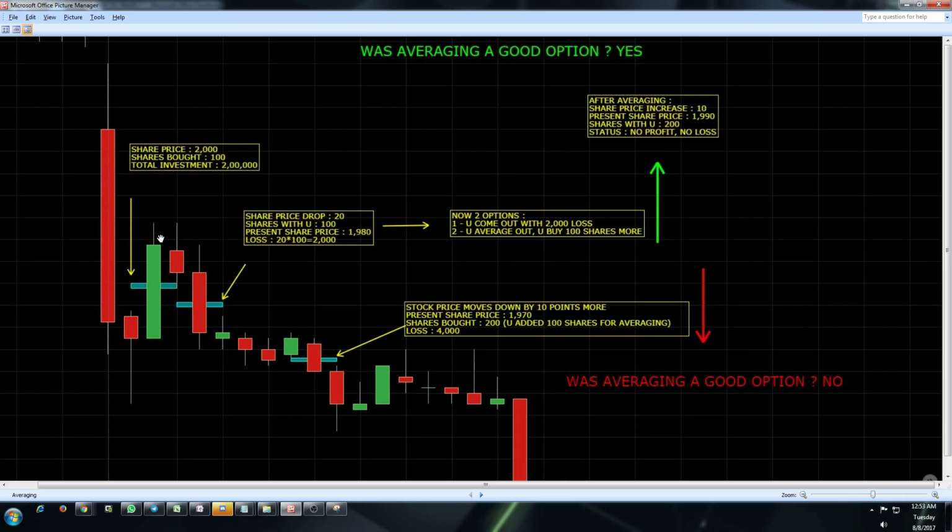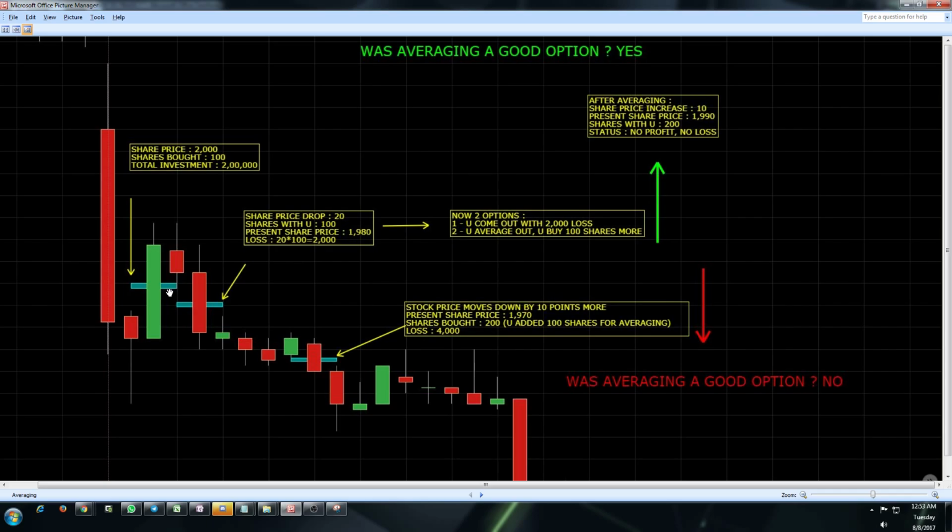Having that thought in mind, what we do here is we go long at this blue line. The stock is absolutely for example purpose. The share price we are considering here is 2000, and the number of shares that we have bought is 100. So we go long at this first blue line, and we buy 100 shares.